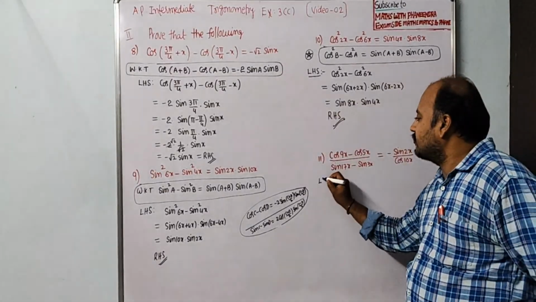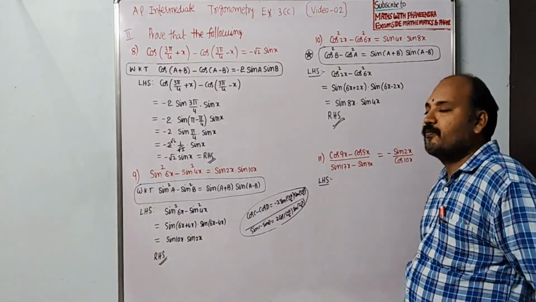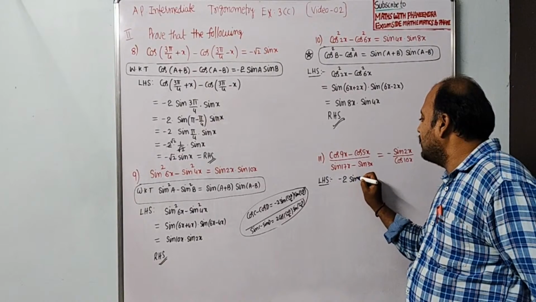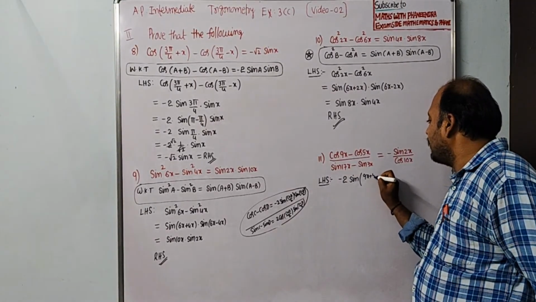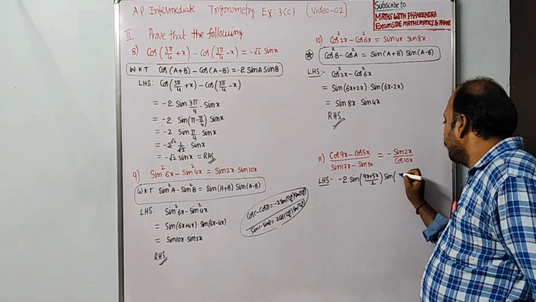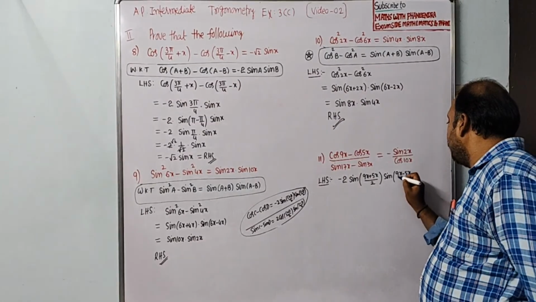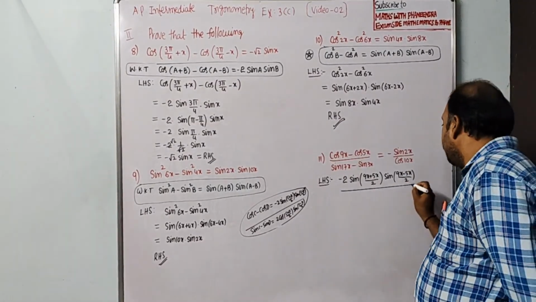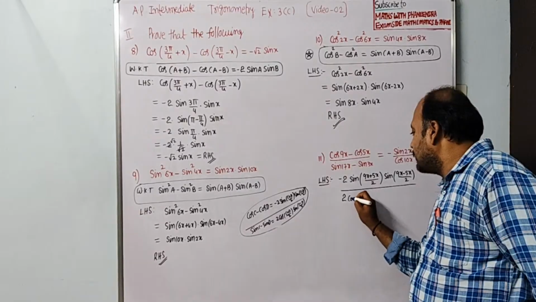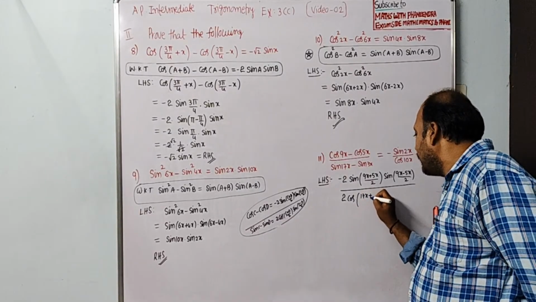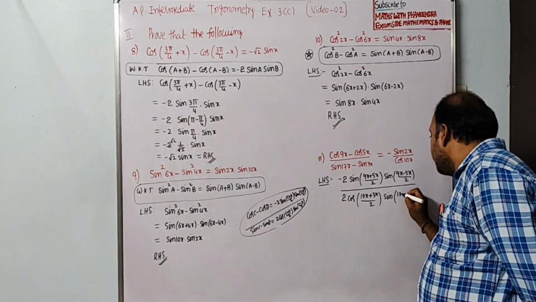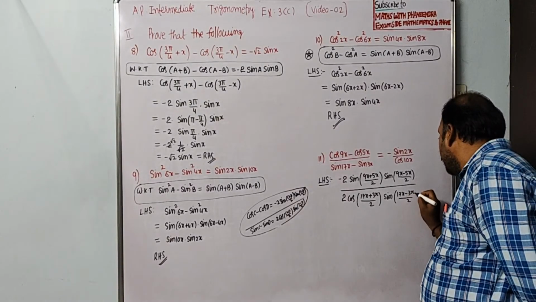So LHS: minus 2 sin of C plus D by 2, 9x plus 5x divided by 2, into sin of 9x minus 5x divided by 2, whole divided by sin C minus sin D, which is 2 cos C plus D by 2, 17x plus 3x divided by 2, sin of 17x minus 3x divided by 2.